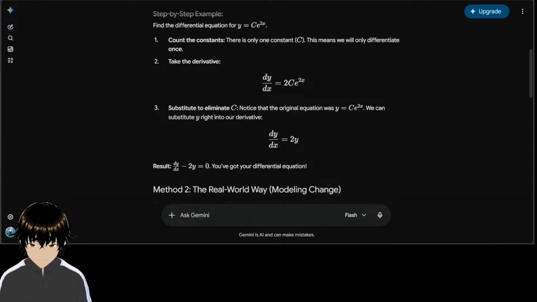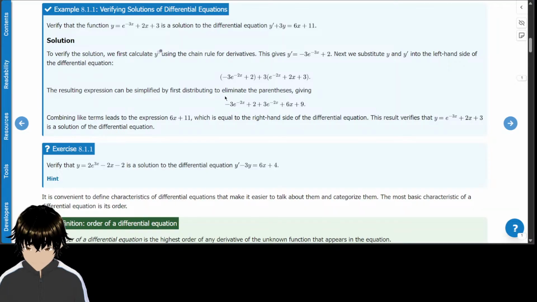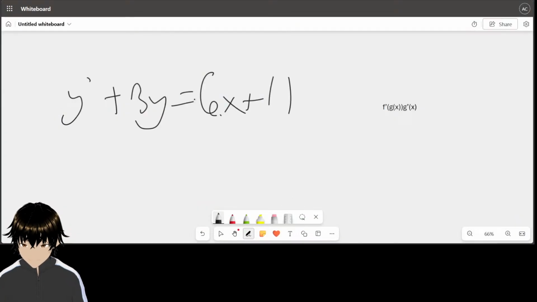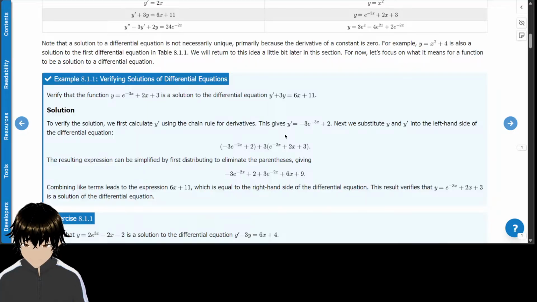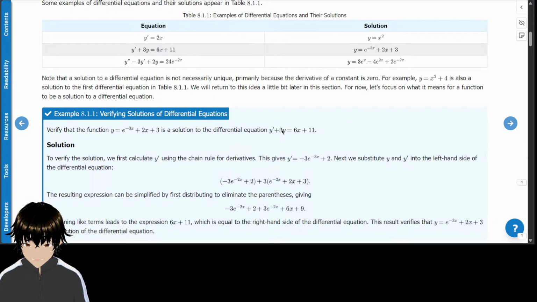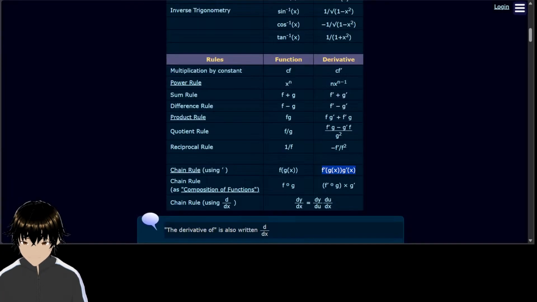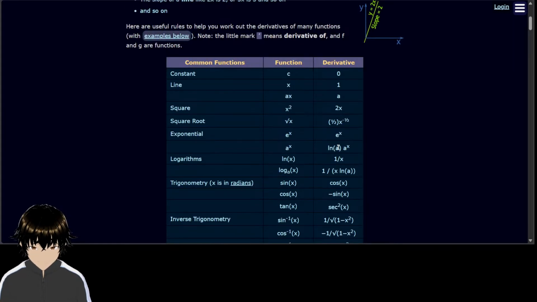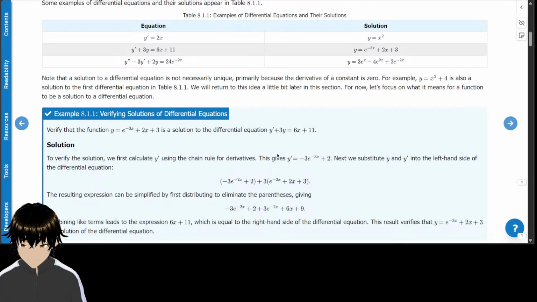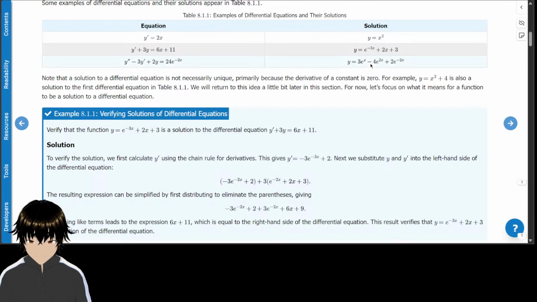I'm not sure what was going on here. So you have this 3 minus 2x. Wait, is this the same example? Oh, wait. What happened there? Why did it turn into e to the negative 3x?